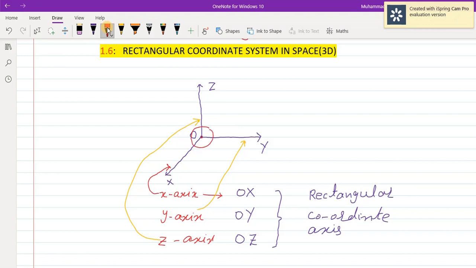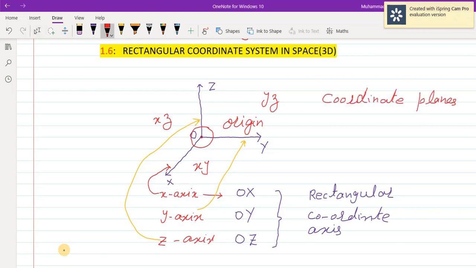This point O, which is point of intersection of these three lines OX, OY and OZ, is called origin, and these three axes determine three planes: xy plane, xz plane and yz plane. These planes are called the coordinate planes. So xy, xz and yz are coordinate planes.